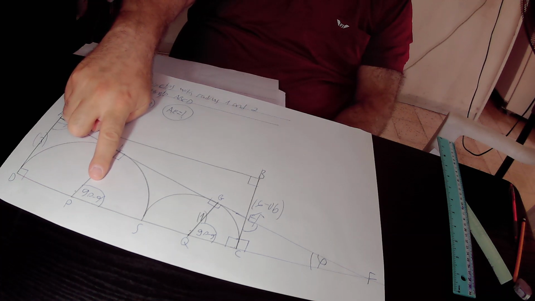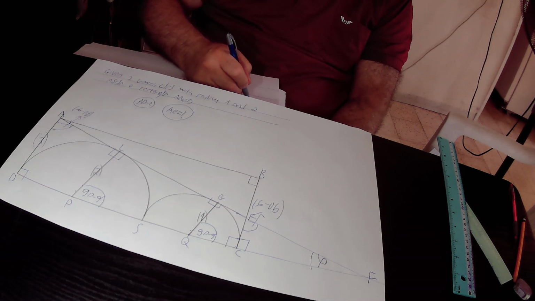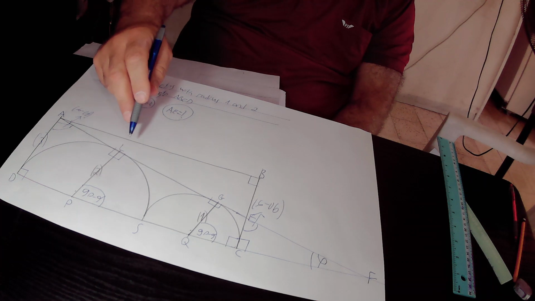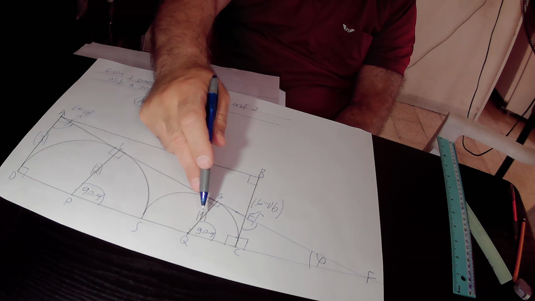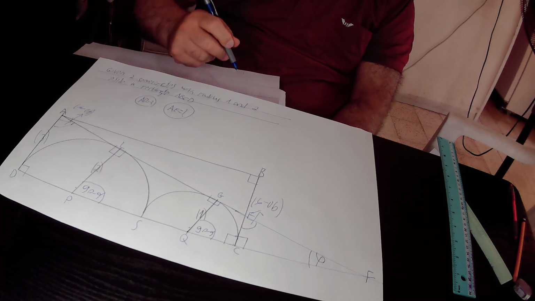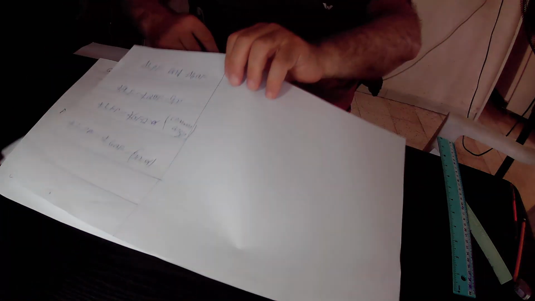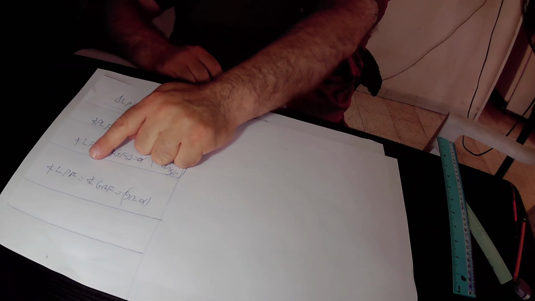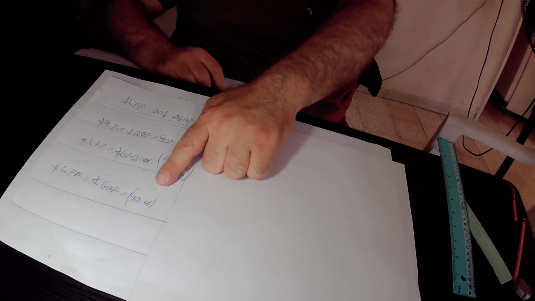So actually, this is angle LPF in the big right triangle PLF, and it equals this angle, that is actually angle GQF, in the small right triangle FGQ. So again, we found out that angle LPF in the big right triangle PLF equals angle GQF in the small right triangle FGQ, they are both equal to 90 degrees minus alpha, therefore they are equal to each other.